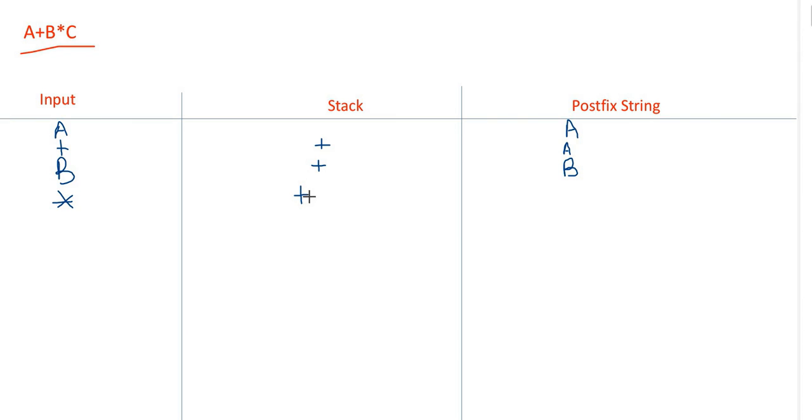If star was already present and we were pushing the plus operator into the stack, we would have to pop out, because we cannot put an operator that has a lower precedence over a higher precedence operator already in the stack. Simply, you can understand here.